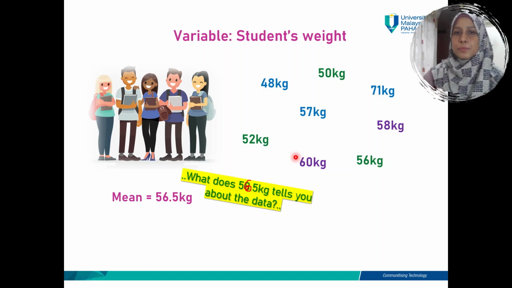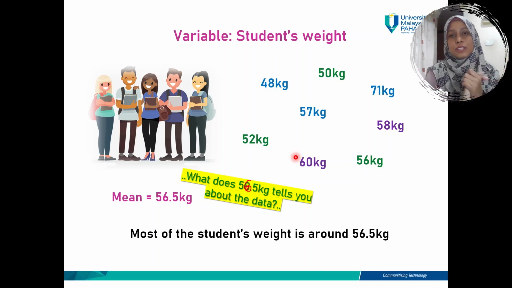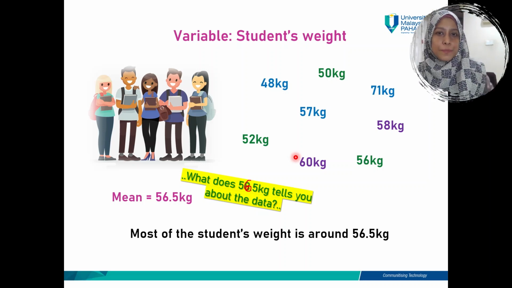So how to interpret this value? Don't tell me the average is 56.5. That is not an interpretation. That is just telling me your calculated value. The right interpretation should be: most of the students' weight is around 56.5 kilograms. Am I right? This is what mean tells you.